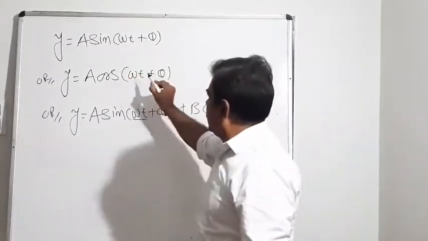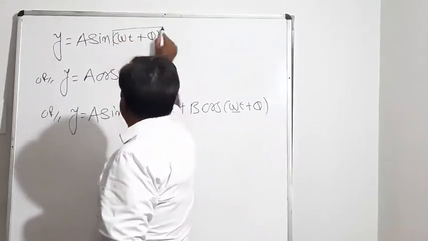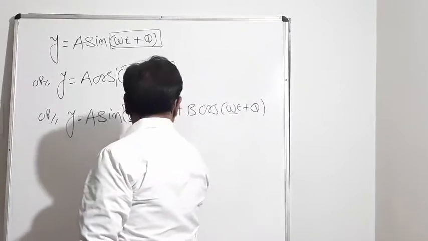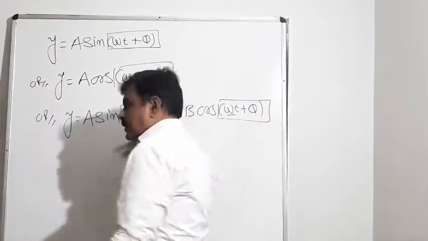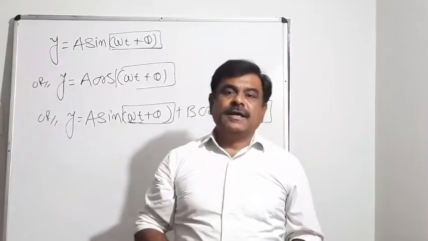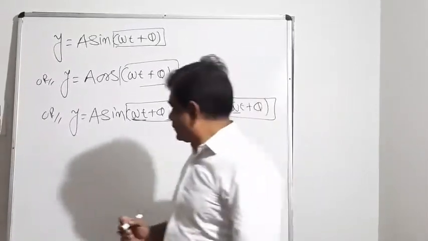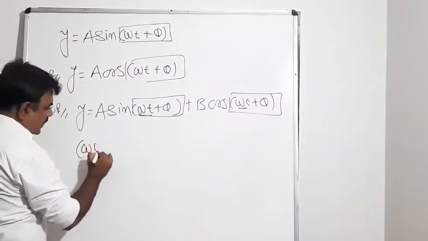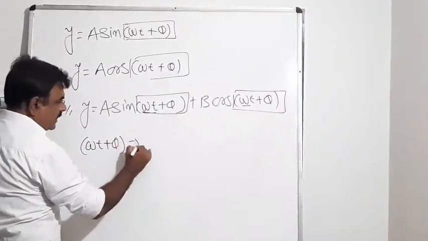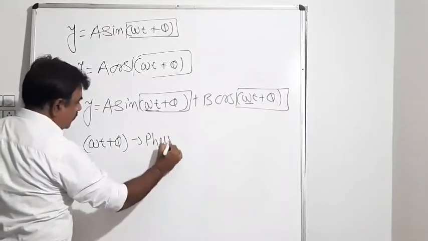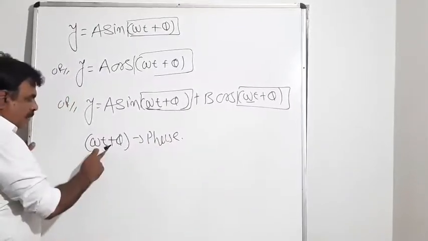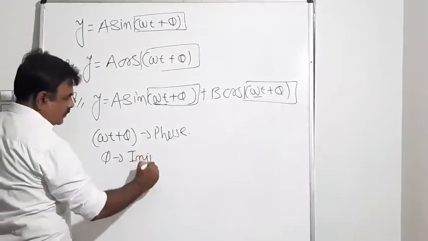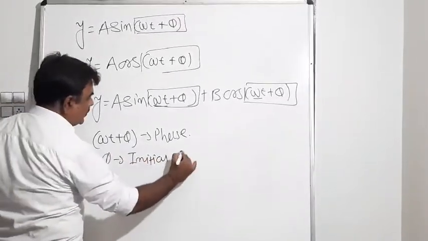Here, in all equations, this entire term, omega t plus phi, represents phase. If you put t equal to 0, you are getting phi, so it is initial phase.